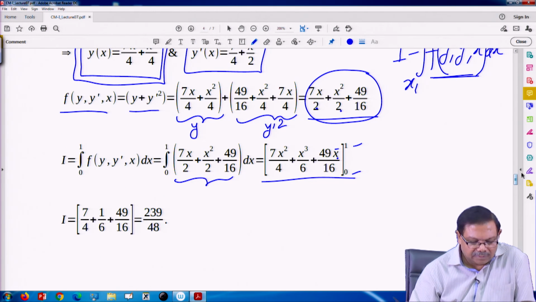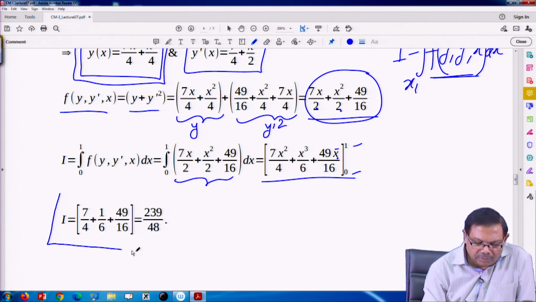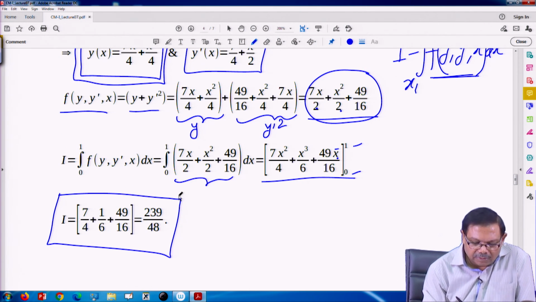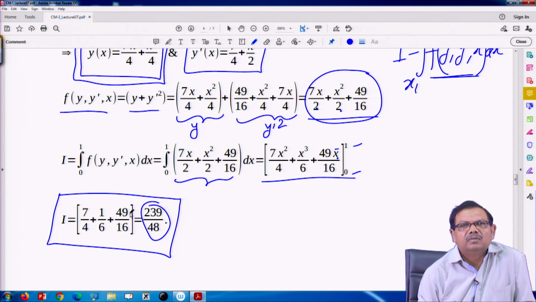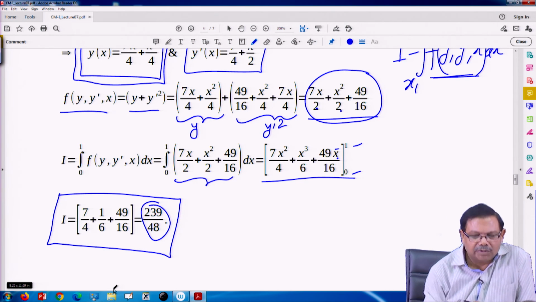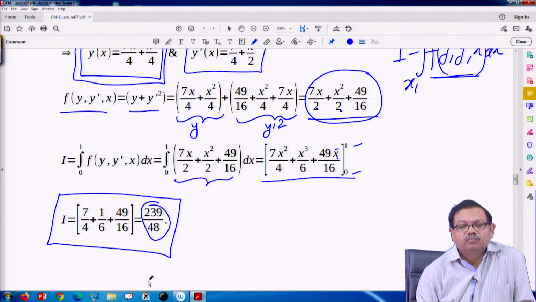Once that is done, we get a value for the integral that turns out to be 239 by 48. So, that is the stationary value for this integral between 2 points 0 and 1 on the x axis. Okay.